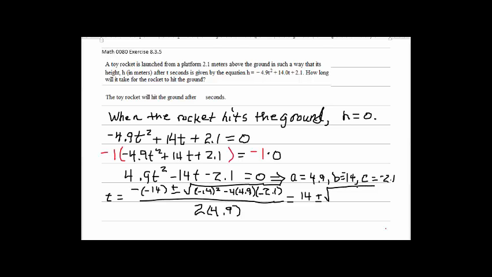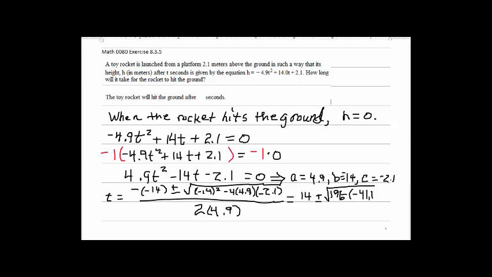When I square negative 14, I get 196 minus a negative 41.16, and this should be 196 here.